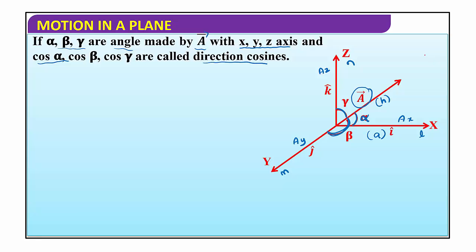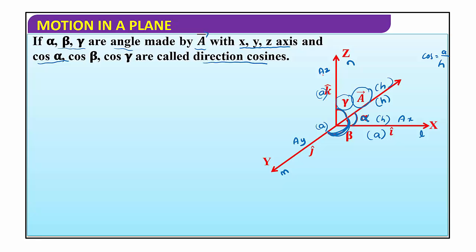Cosine, because we know that cos equals adjacent divided by hypotenuse. When it comes to gamma, gamma is here. This will be the adjacent side and this will be the hypotenuse. So here the suitable trigonometric function is cosine. So we are going to consider cos alpha, cos beta and cos gamma.